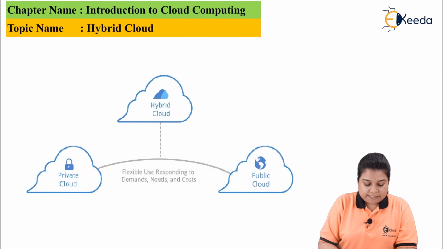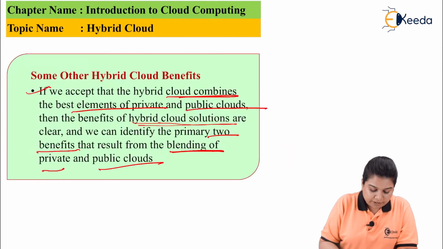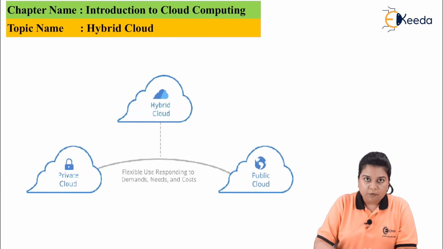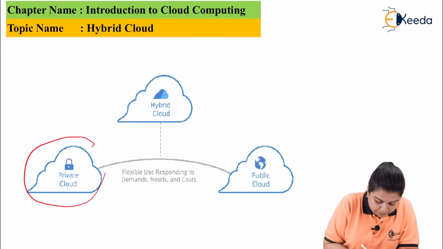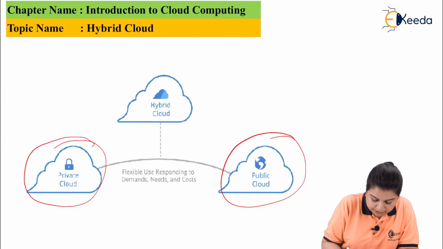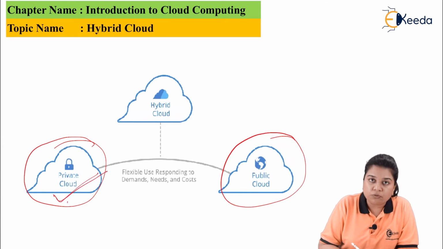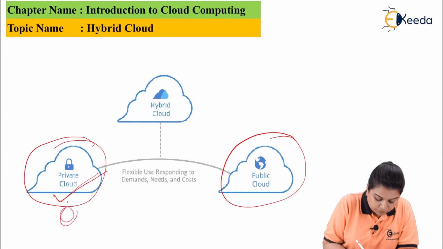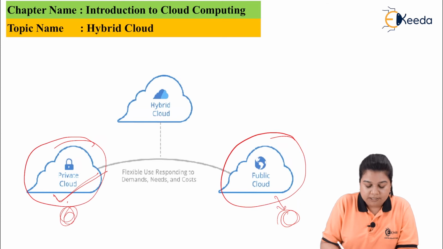Now we can see the benefits of hybrid cloud with the help of this diagram. We have a private cloud here, we have a public cloud here. The private cloud is limited to one organization only and the employees or consumers of that organization, and the public cloud is open to all, that is why it is a public cloud.